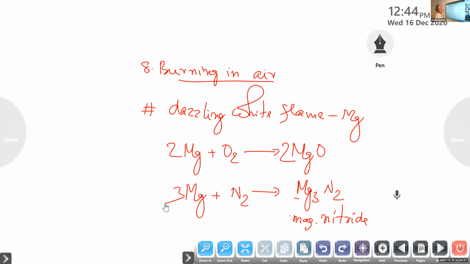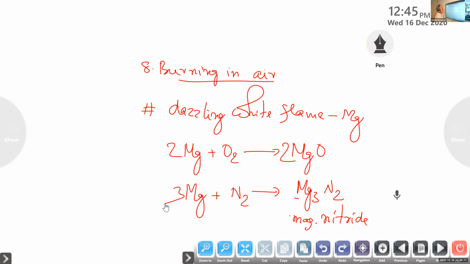So make a correction in the notes sent to you, page number 8, point number 8, where the reaction is given.